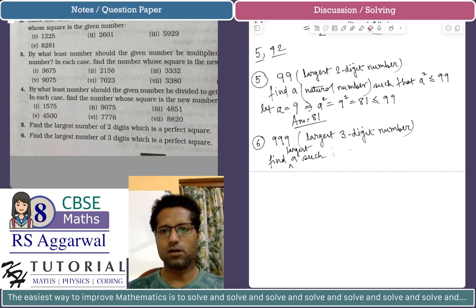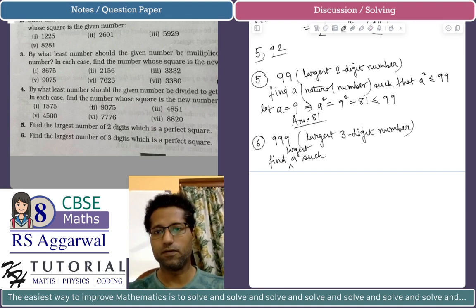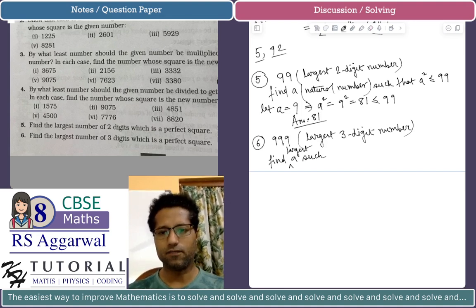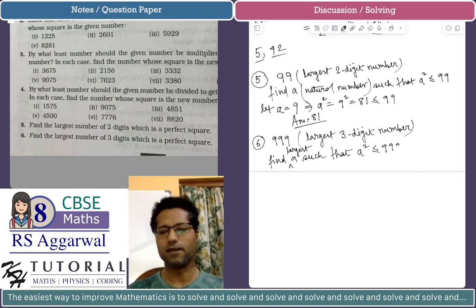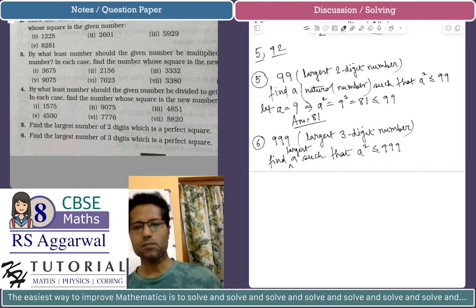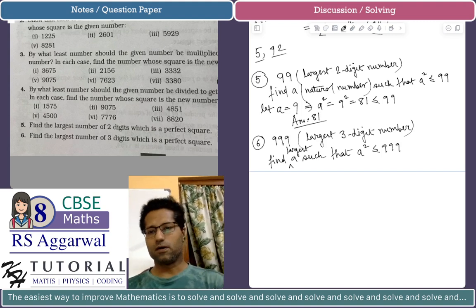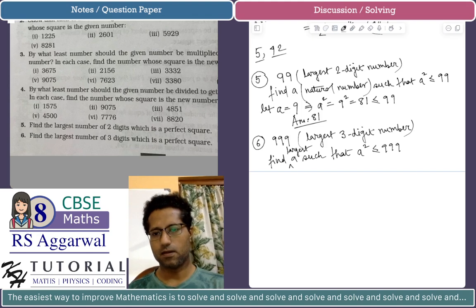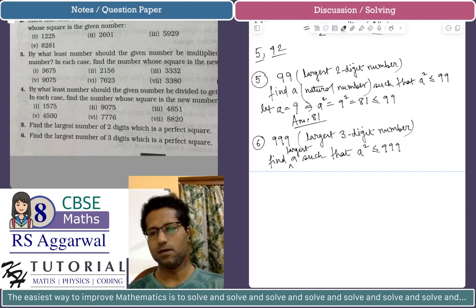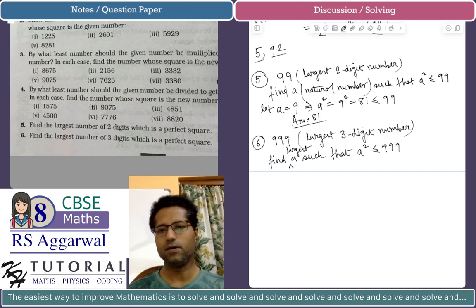My handwriting is not coming properly because the machine is running very slow. Now what is the maximum value of a we can consider so that its square will be less than or equal to 999?